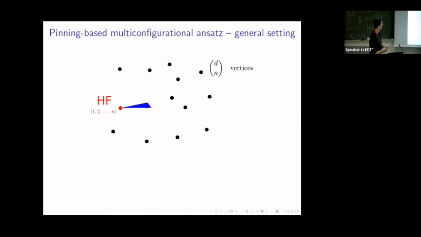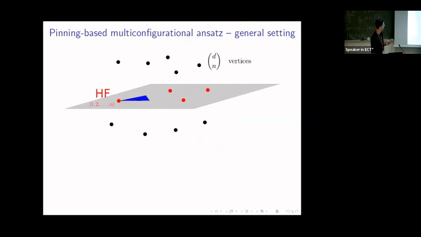So what happens in general? We have some D choose n vertices, all the dots black, and this one Hartree-Fock red dot. And we have some phase of the polytope given by Klyachko. And we say that our state is mapped to this phase. So now what is the ansatz?